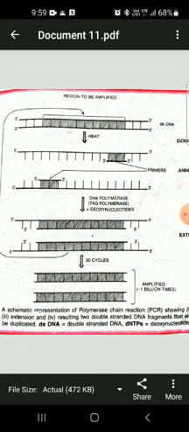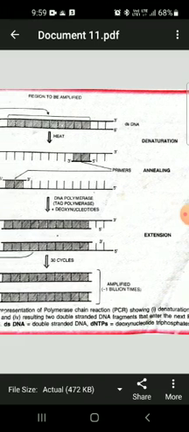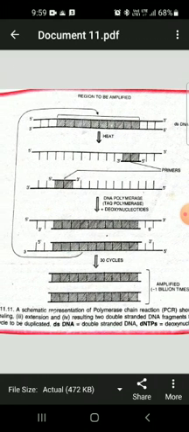The process by which primer is associated with template DNA is called annealing. This is the process of annealing, in which you see here that the primer strand, the short strand of oligonucleotide, is getting attached with the target DNA.